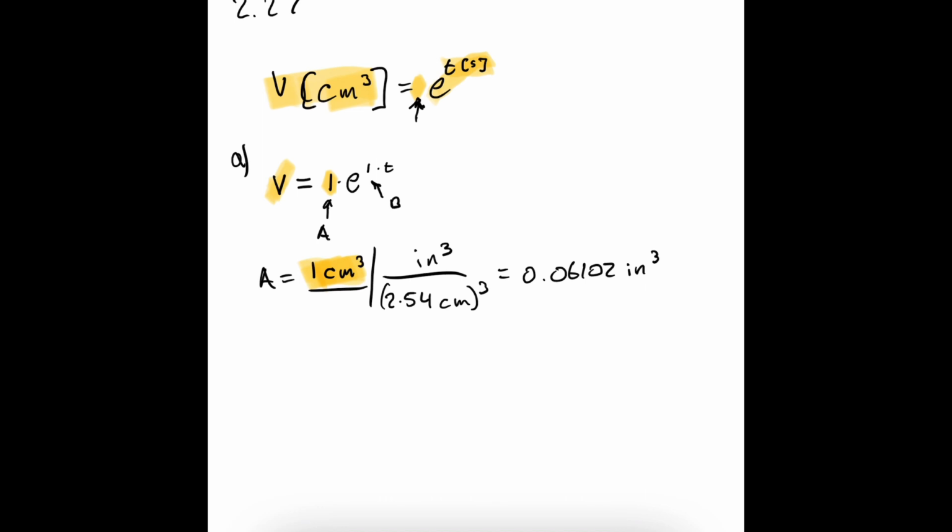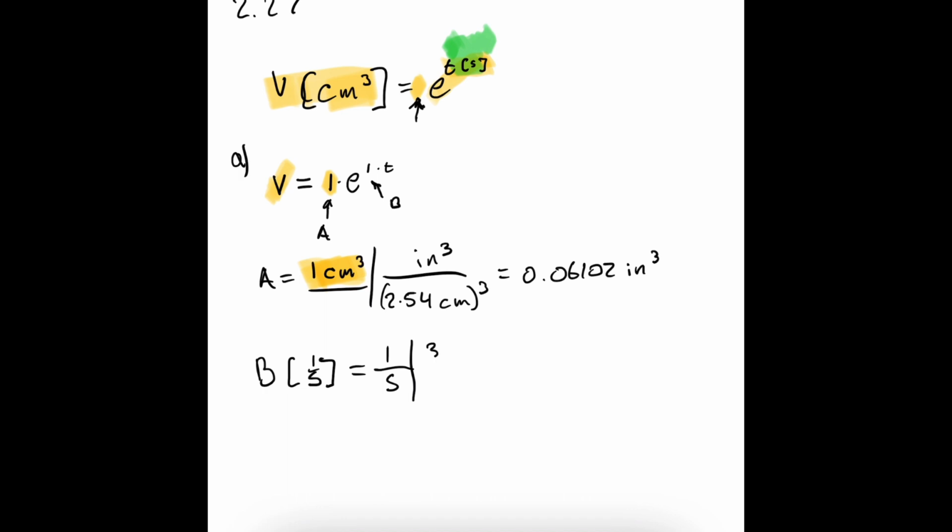Now we're converting our second coefficient, B. We don't know what the units of B are, but B has to have reciprocal units to what t has, and t has seconds. So B has to have reciprocal seconds, or 1 over seconds, and we're converting this into hours.